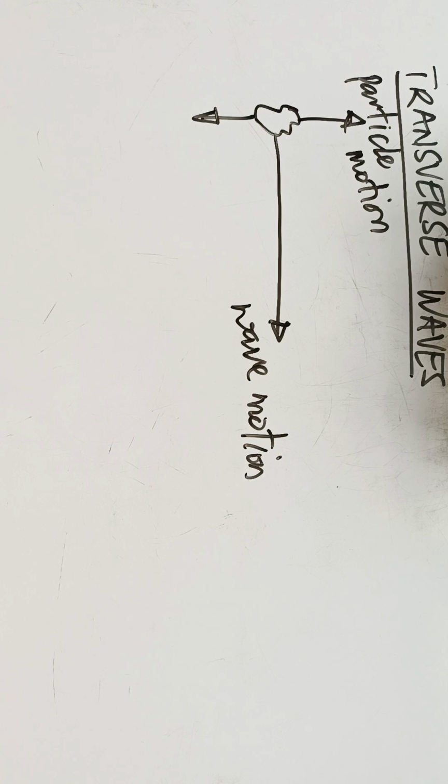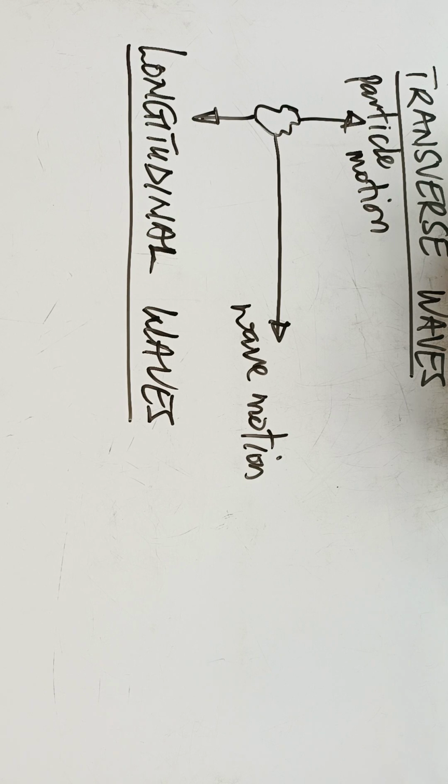All electromagnetic waves, such as visible light, X-rays, and gamma rays, are transverse waves. String waves are also examples of transverse waves.